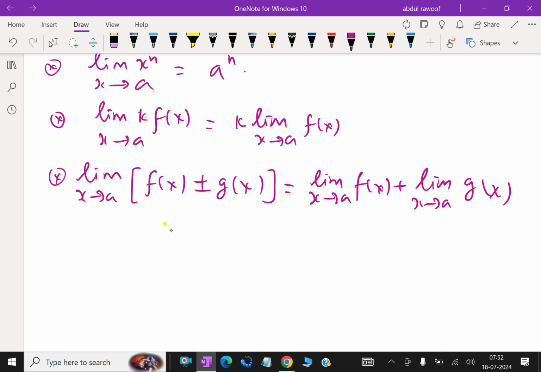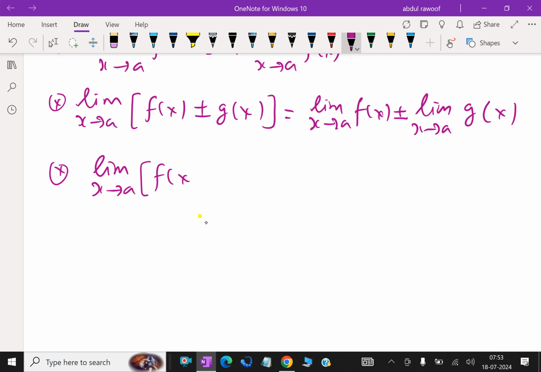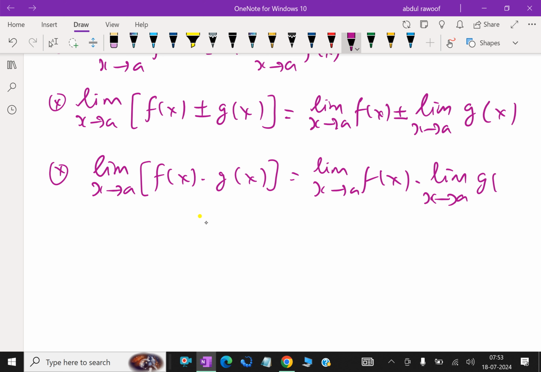Addition and subtraction we can write like this. Next one, the limit as x tends to a of f of x times g of x is similarly the limit as x tends to a of f of x times the limit as x tends to a of g of x.